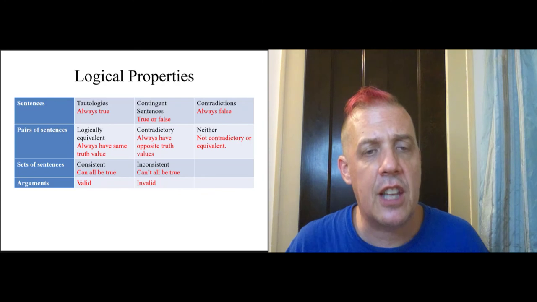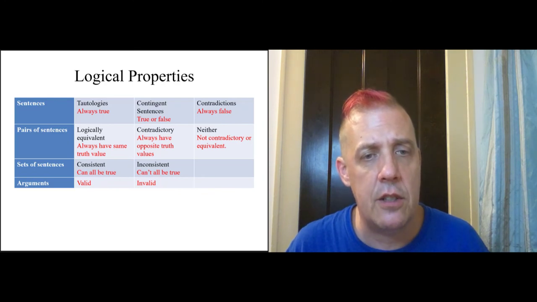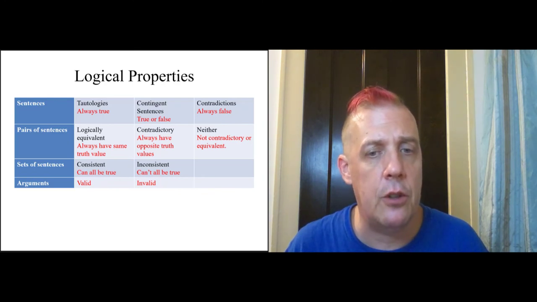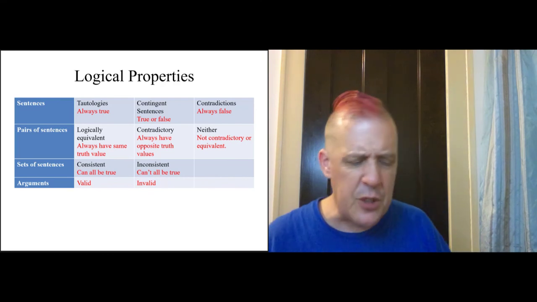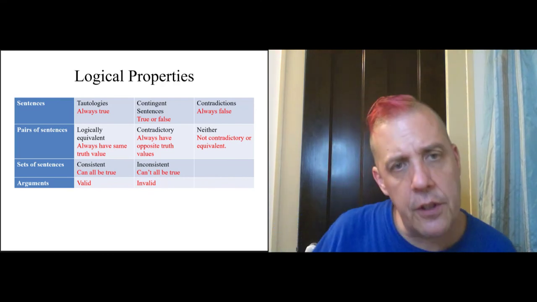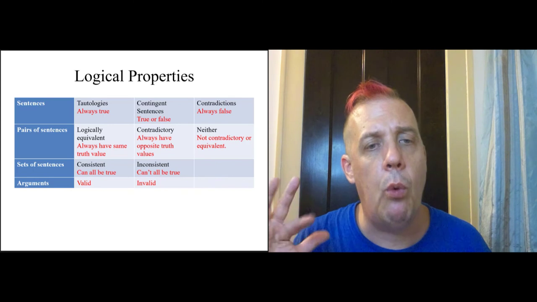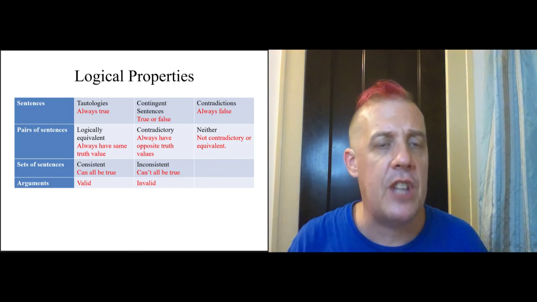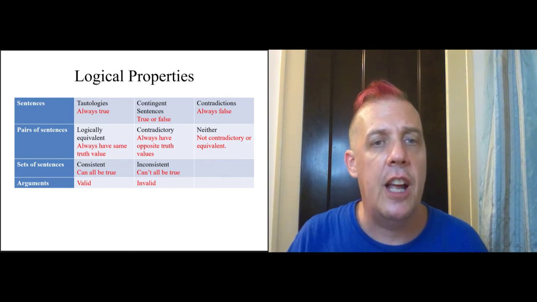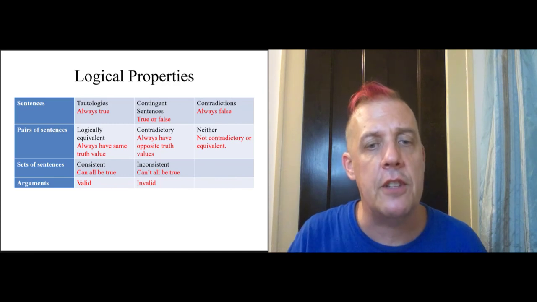Sets of sentences can be consistent or inconsistent, and arguments can be valid or invalid. So for the last set of exercises for this week, you need to look at some groups of sentences in ordinary English and say if they have any of these properties.